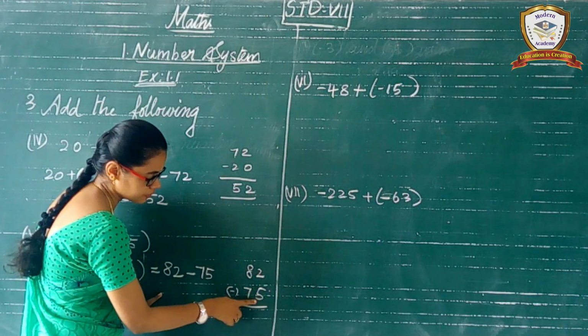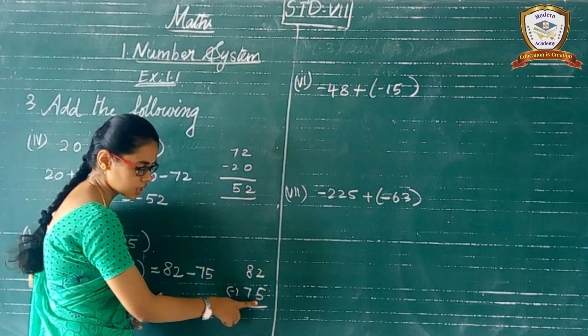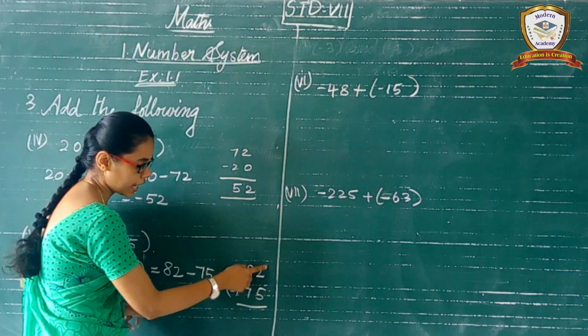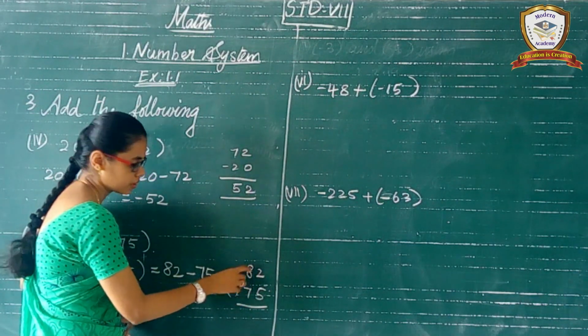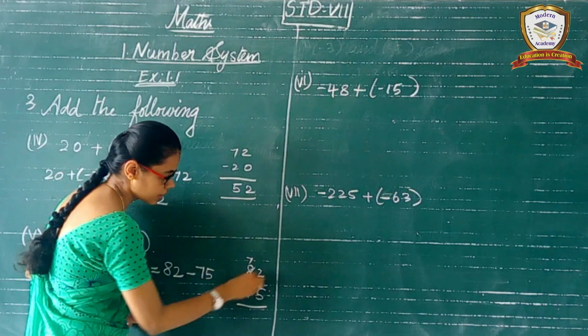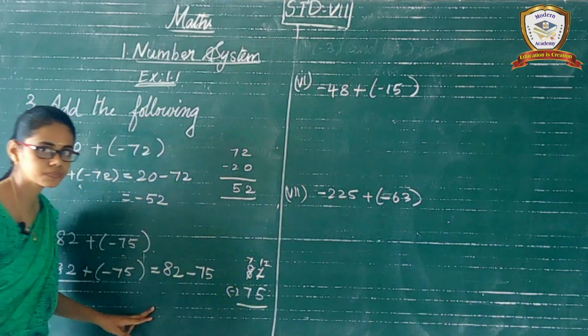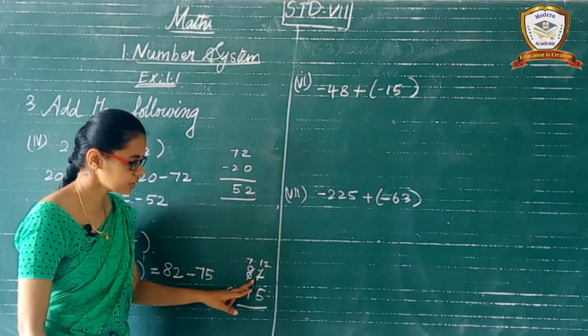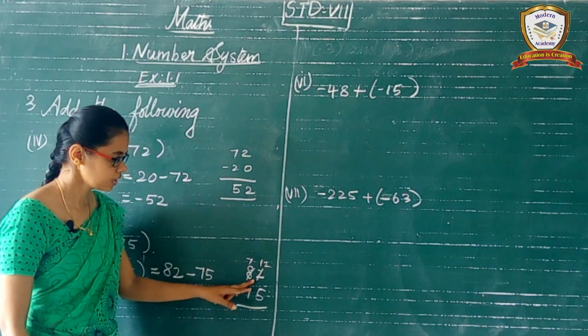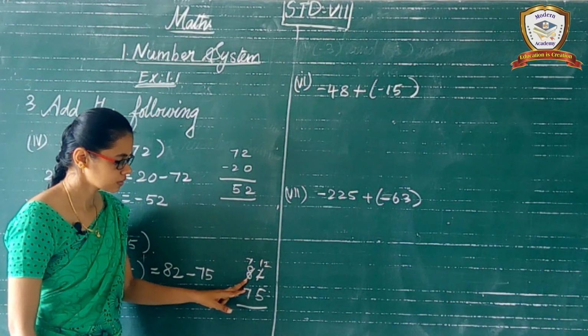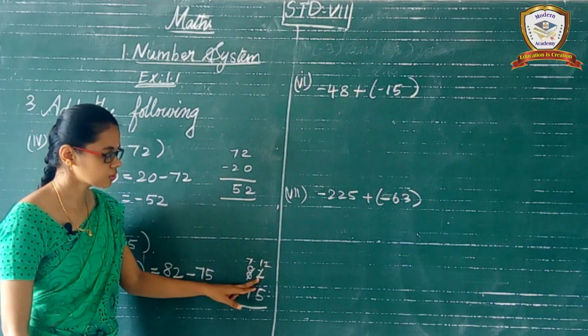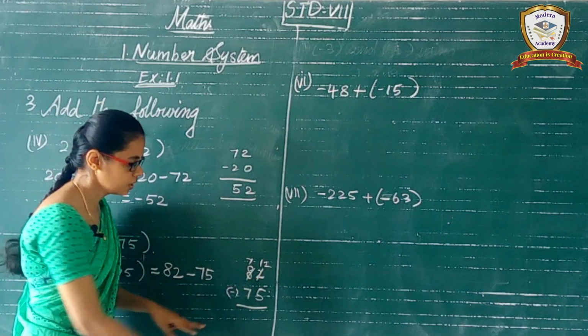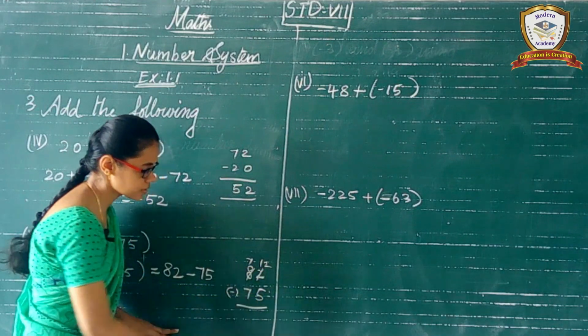So we cannot subtract, because 5 is the bigger one, isn't it? So we borrow from the near number. So here 7 and here 12. We borrow the near number, which means here 8 goes to 7 and 2 goes to 12. See here, 12 minus 5.